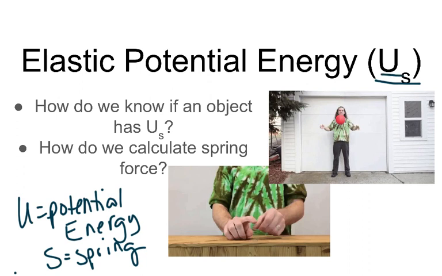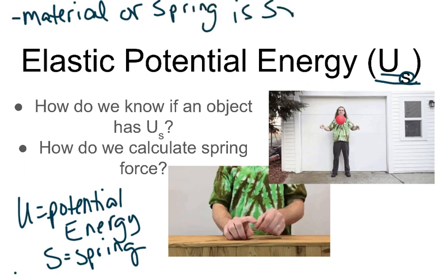So potential energy from a spring. We know an object has elastic potential energy if a material or a spring is stretched or compressed. But it has to be stretched or compressed right now.